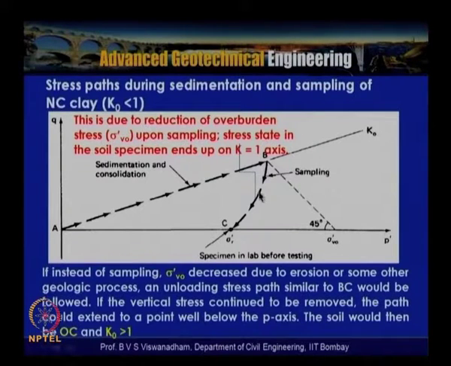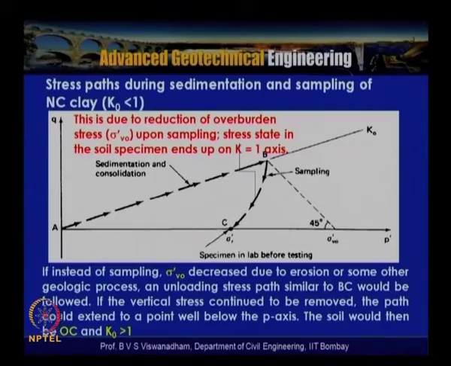BC is also like an unloading stress path, and if the vertical stress continues to be removed, then the path could extend to a point well below the p axis, and the soil would then be overconsolidated, and K naught will be greater than 1.